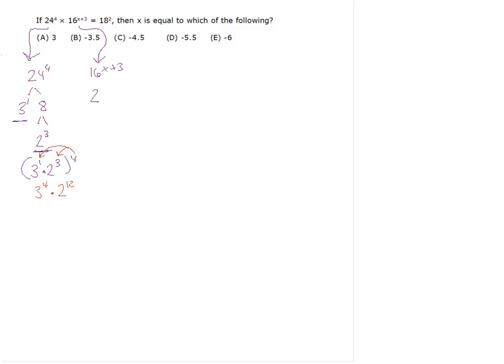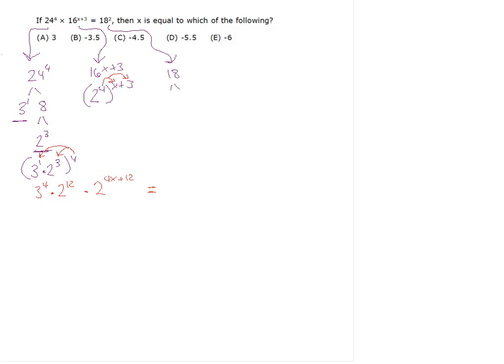So we have 2 to the 4 to the x plus 3. We know from previous problems that we distribute the 4 outward using multiplication, and then that gives us 2 to the 4x plus 12. Now, lastly, on the right-hand side of the equal sign, we have our 18 to the 2nd power.